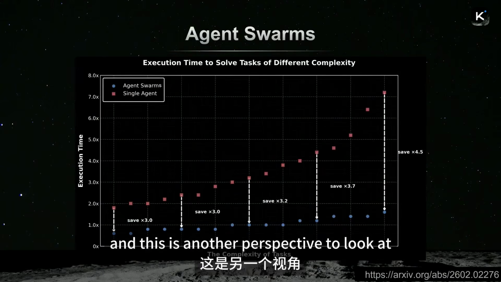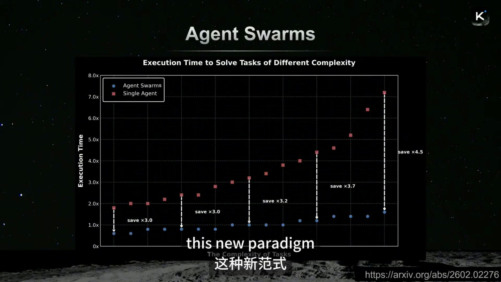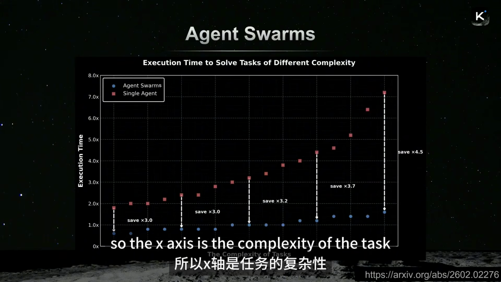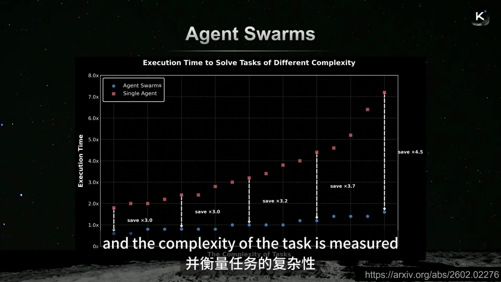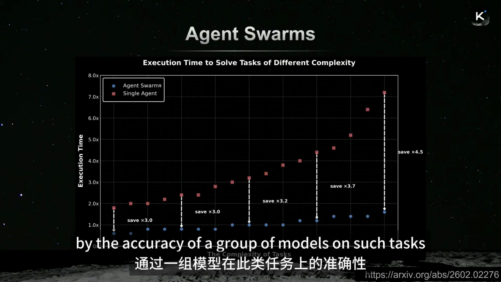And this is another perspective to look at this new paradigm. The x-axis is the complexity of the task, and the y-axis is the execution time. The complexity of the task is measured by the accuracy of a group of models on such tasks.